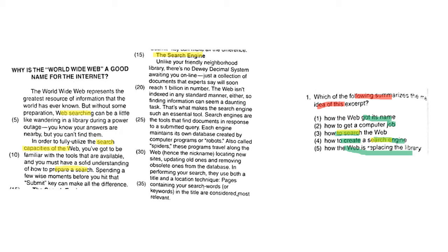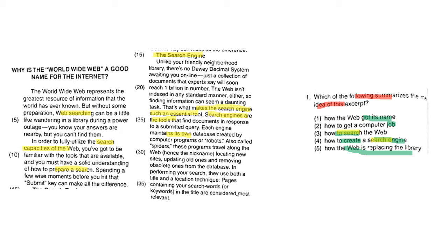The web isn't indexed in any standard manner either, so finding information can seem a daunting task. That's what makes the search engine an essential tool. Search engines are the tools that find documents in response to a submitted query. Each engine has its own database created by computer programs or robots called spiders.